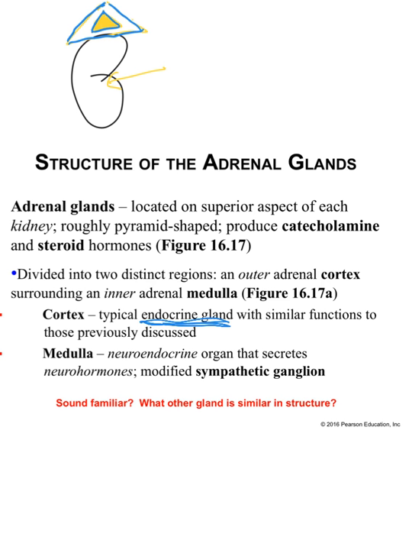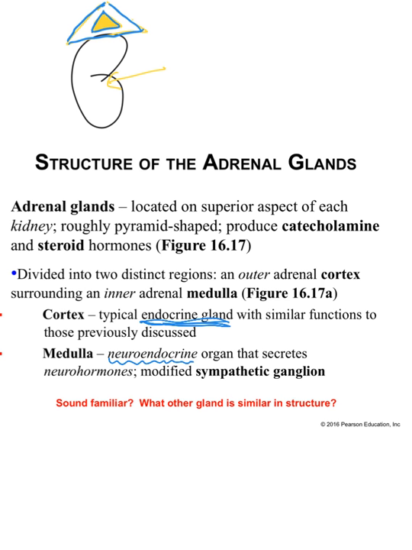The medulla is neuroendocrine, so it's going to secrete what we call neurohormones. Basically, these are modified sympathetic ganglion axons that are actually going to secrete and release epinephrine and norepinephrine.